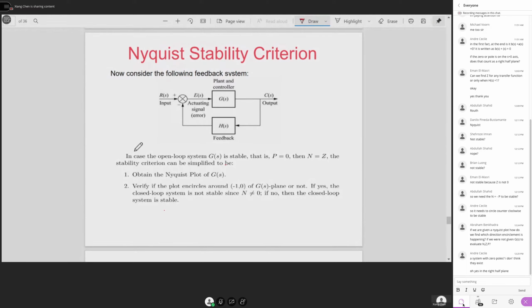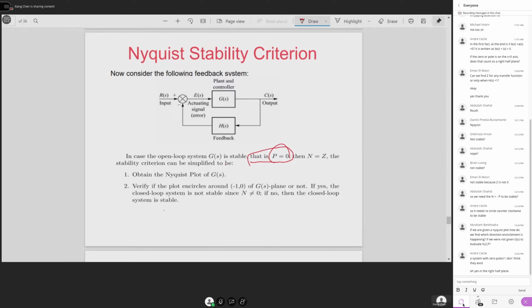Now I assume this G of S open loop system is stable. This stable case can be easily derived, because if the open loop transfer function is stable, then P is 0, right? The right half plane pole count is 0.